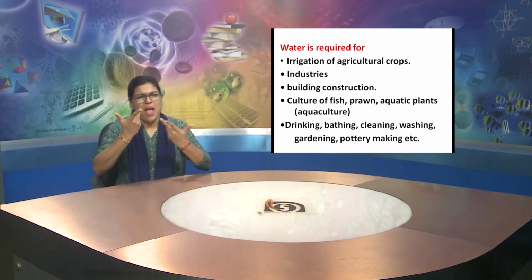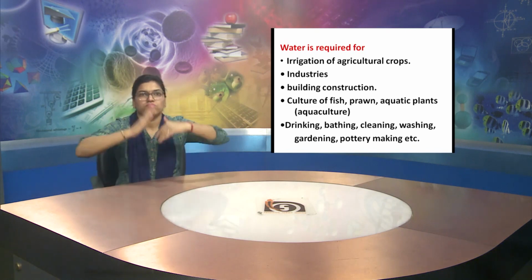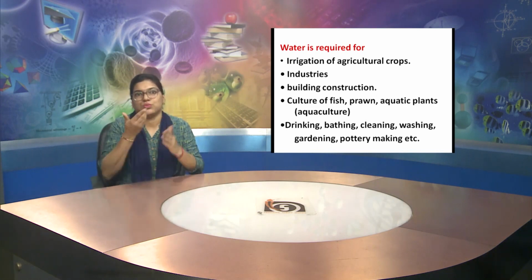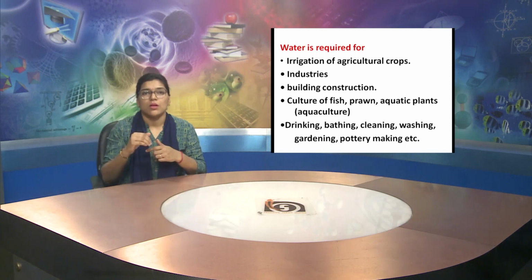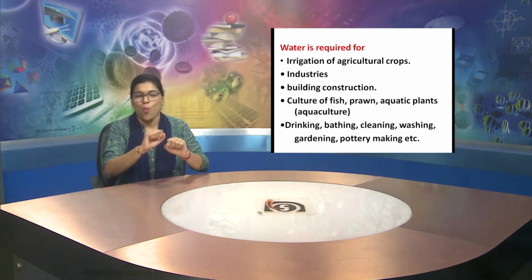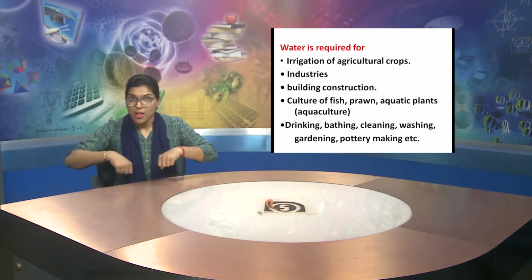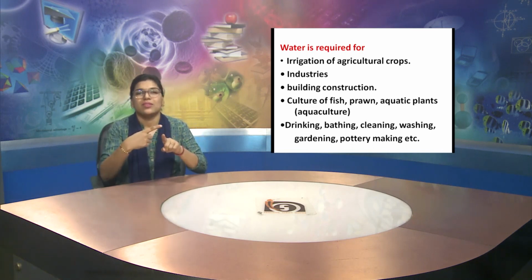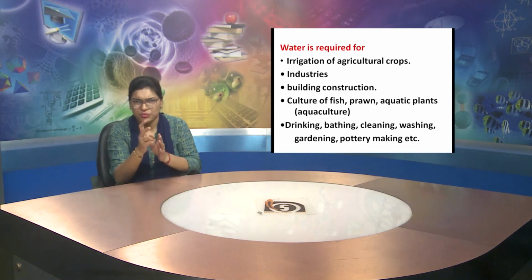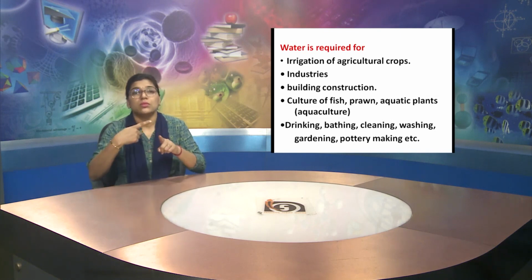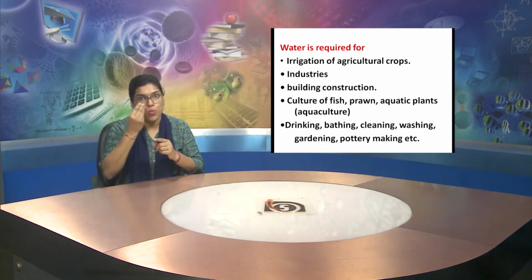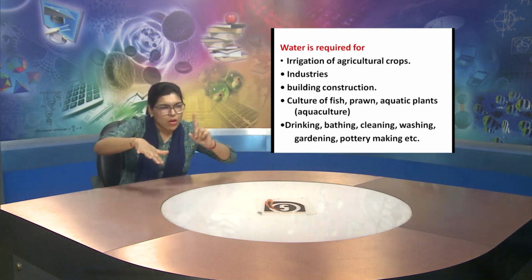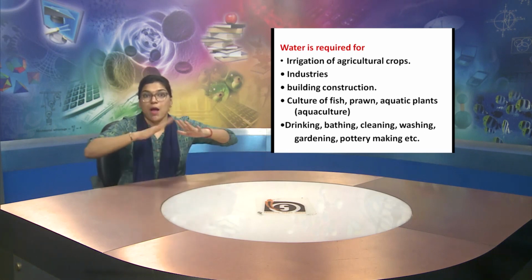And the third usage of water is that it is used for building and construction work. And the fourth usage of water is in some businesses like culture of fish, culture of prawns, or aquatic plants. So, you can say the aquaculture business, we need water for the work. You can say a project or a business.